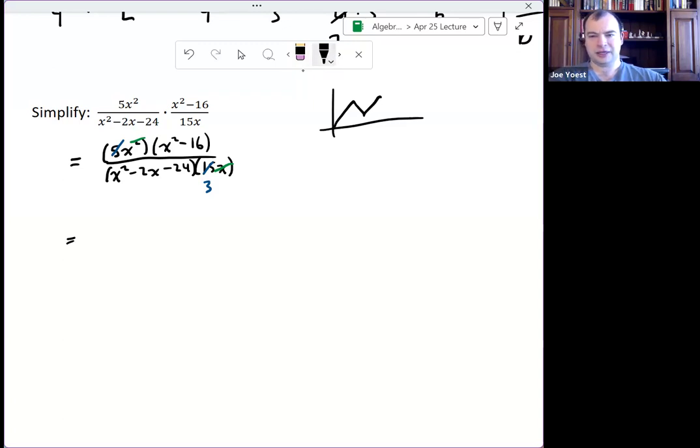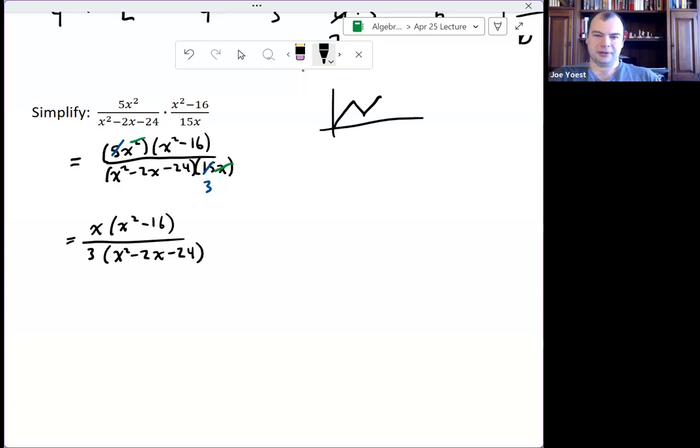When I do that simplification, I get an x left over on the top times x squared minus 16 over, and on my denominator, I have a 3 times x squared minus 2x minus 24. This is the way that I would usually do it.